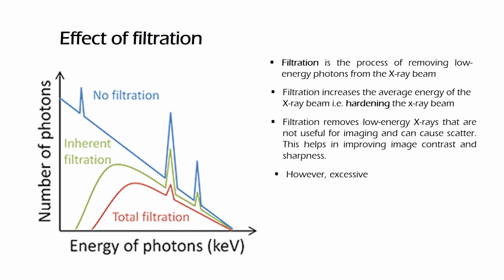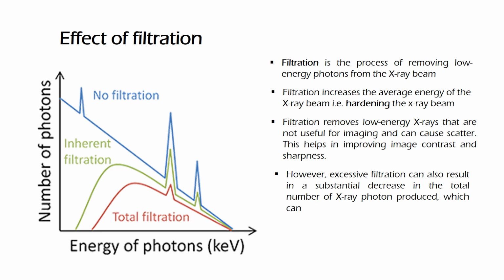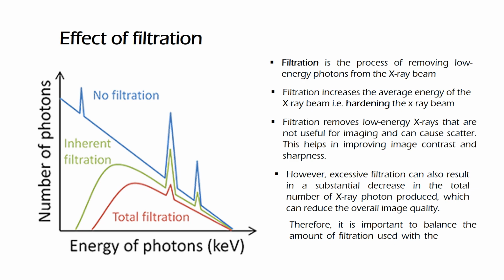However, excessive filtration can also result in a substantial decrease in the total number of X-ray photons produced, which can reduce the overall image quality. Therefore, it is important to balance the amount of filtration used with the imaging requirements of the specific application.